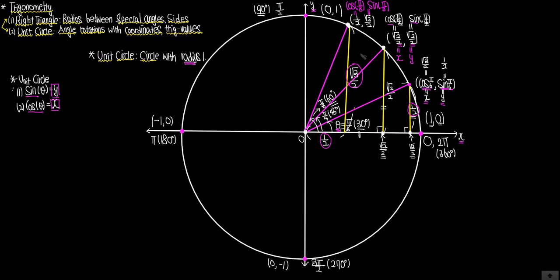And these were the 3 trig values where we could apply our right triangle ratios in the first quadrant, where x and y are both positive values. Now let's think about what happens if the angle rotation goes over 90 degrees, such as 120 degrees.